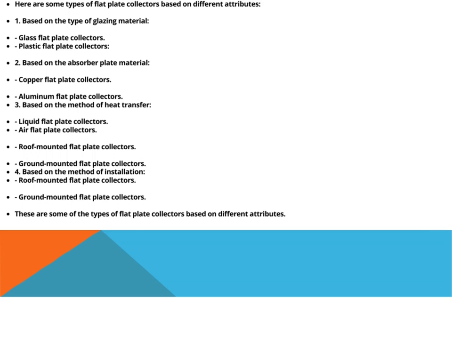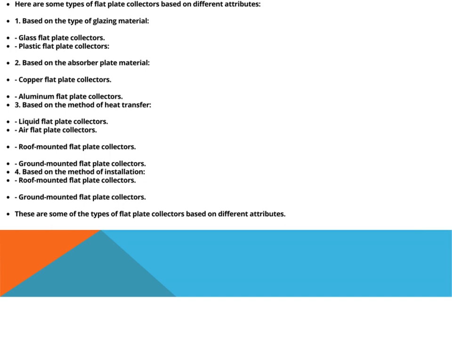Here we have the roof mounted flat plate collectors and the ground mounted flat plate collectors. These are some of the types of flat plate collectors based on different attributes.